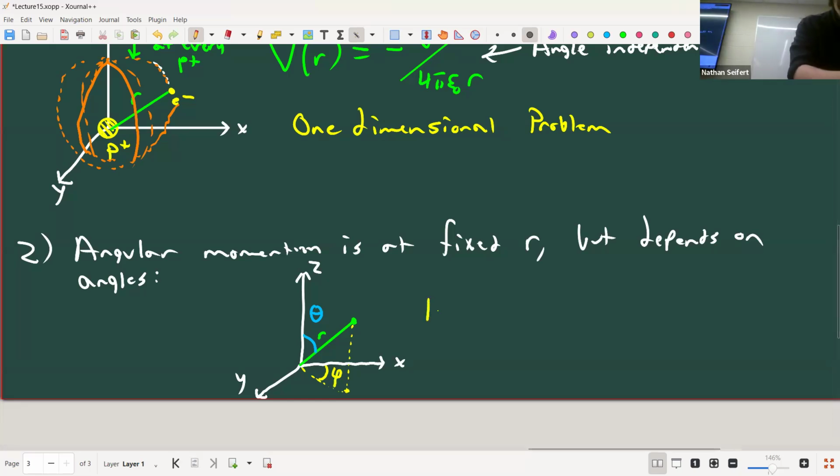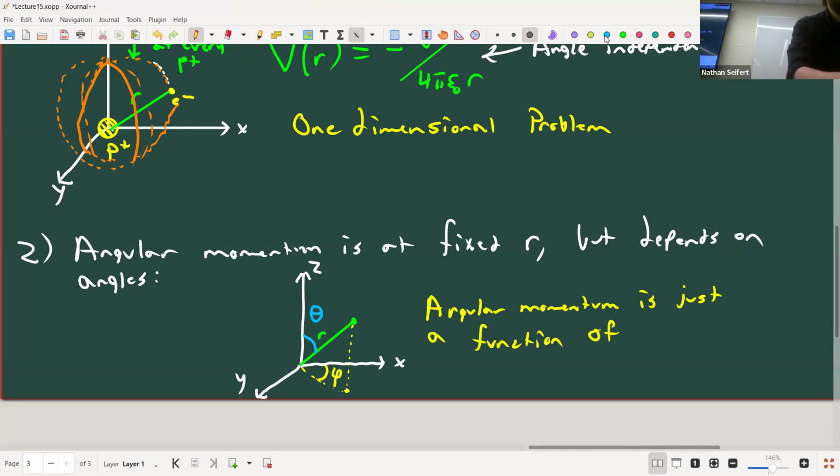So angular momentum is just a function of theta and phi. It's a 2D problem. This is why I'm saying that they're separable problems.